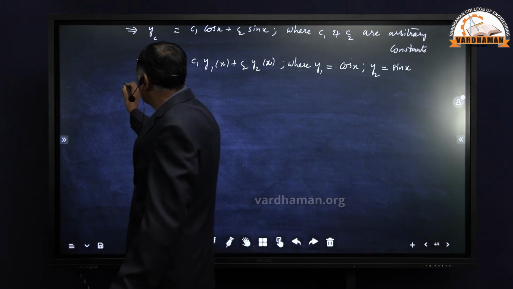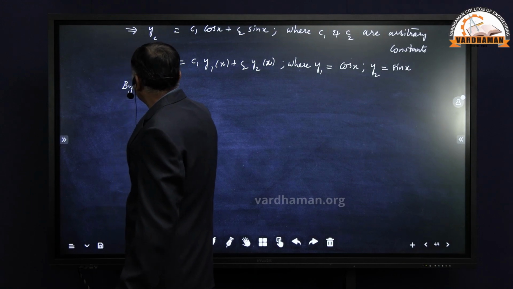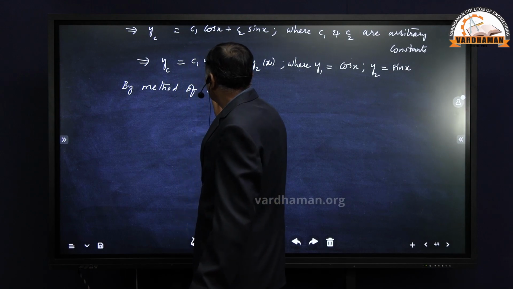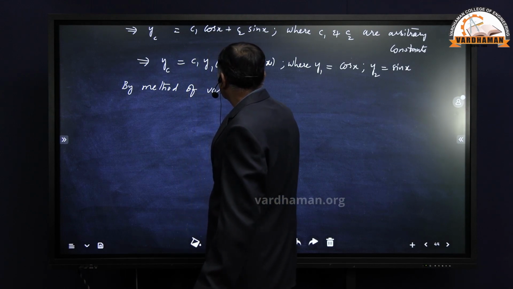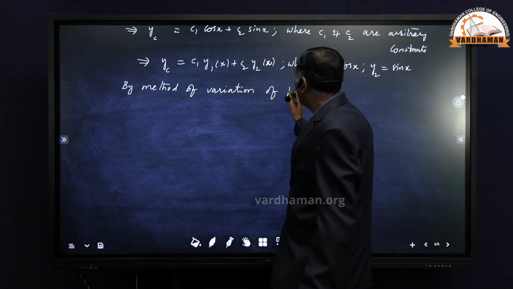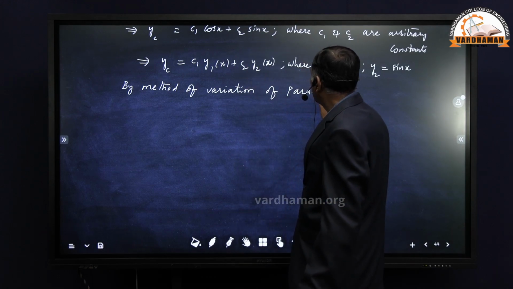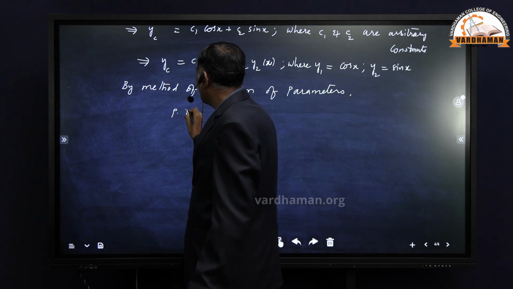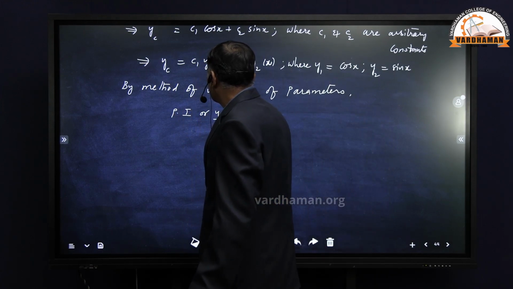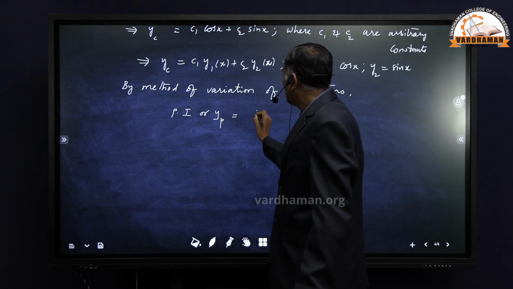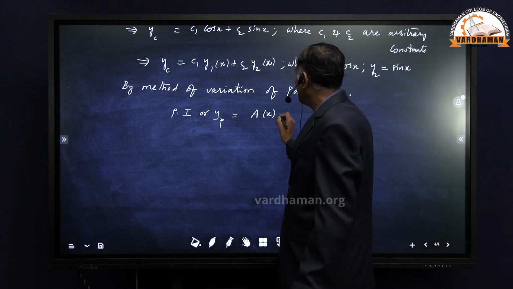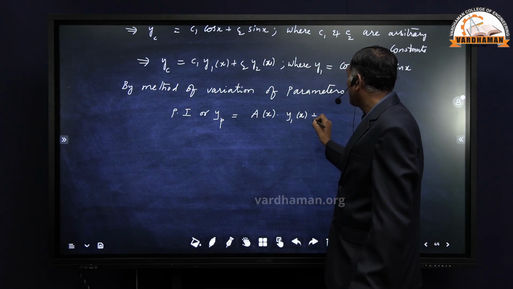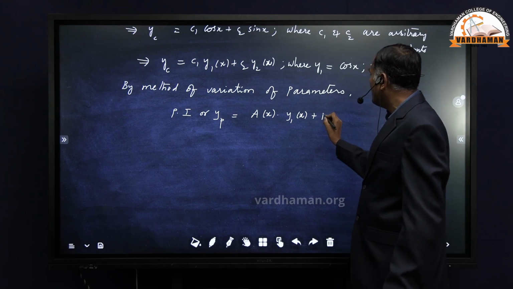By the method of variation of parameters, we consider PI equals yp equals, in place of c1 and c2 we replace with a and b.